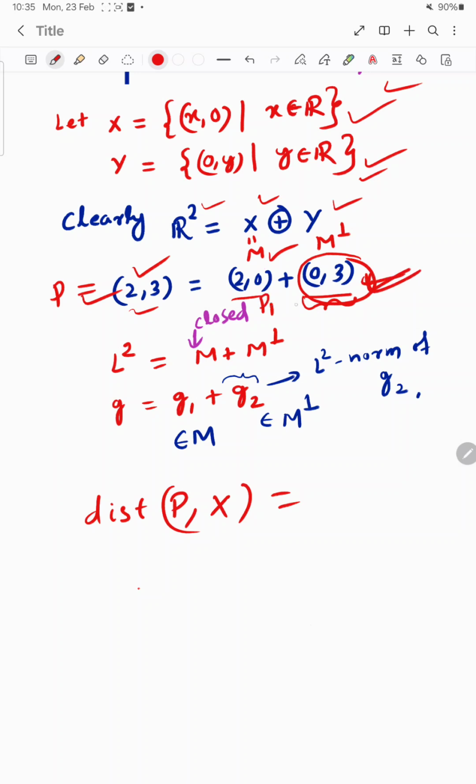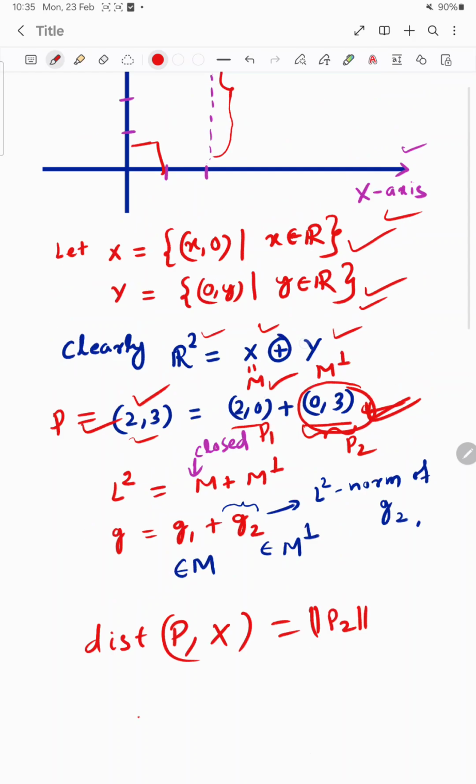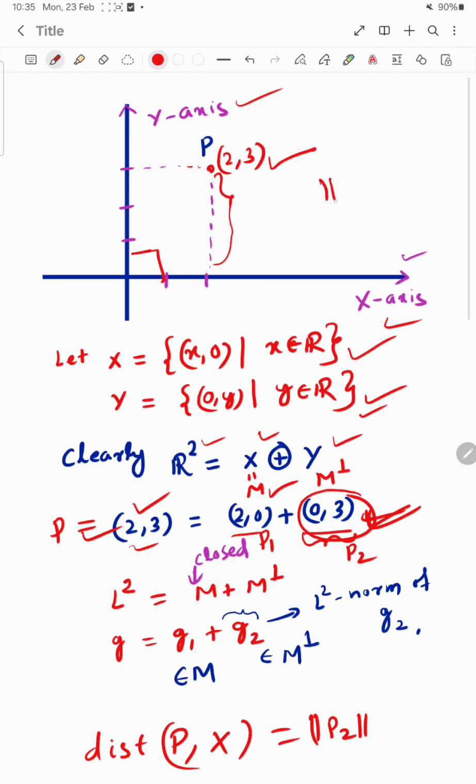Suppose it is P1 and it is P2, then the norm of P2, and this norm here is the Euclidean norm, because this set R2 is also a Hilbert space with respect to the Euclidean norm.